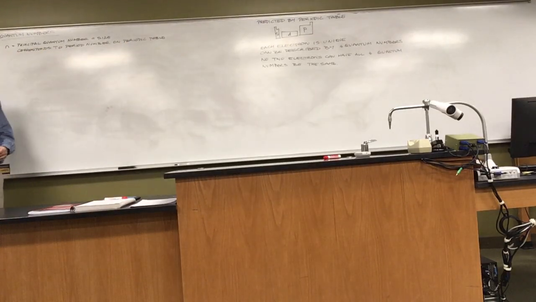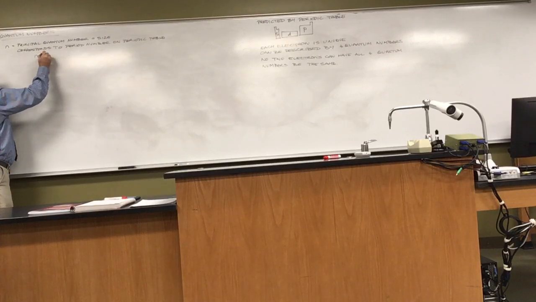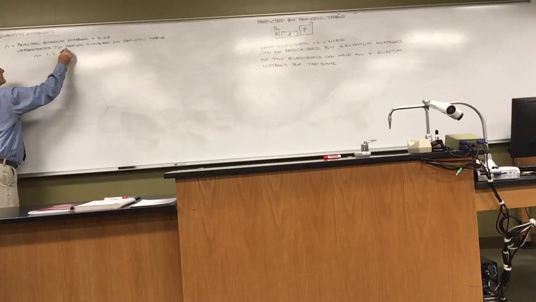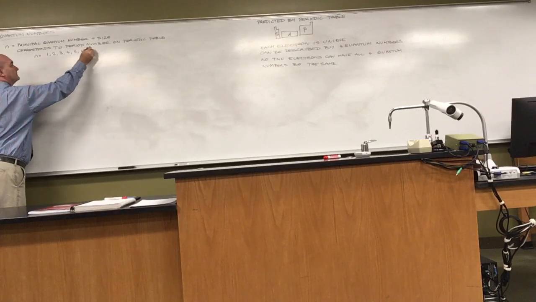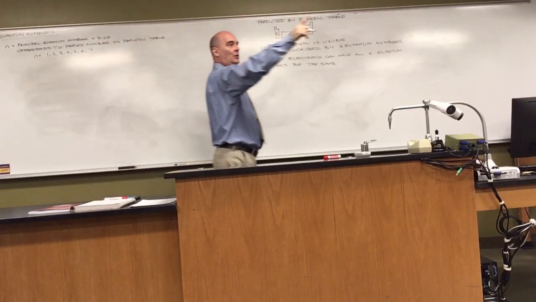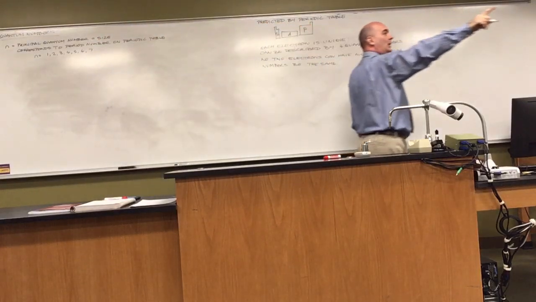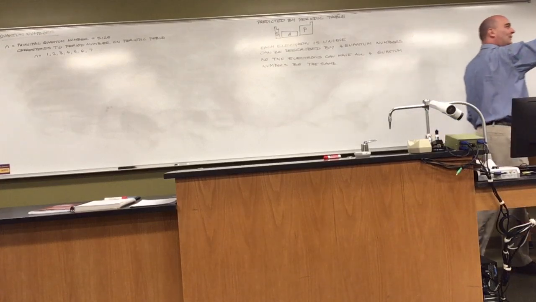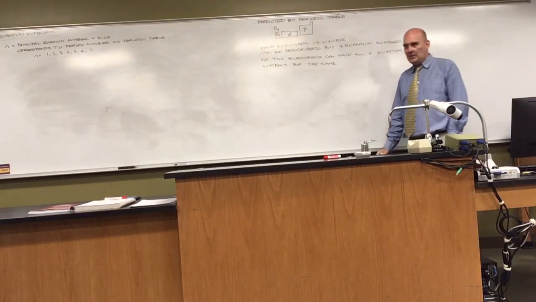Okay, so what are my possible values for N? Periods are the horizontal rows. Currently we are in our 7th period of the periodic table.